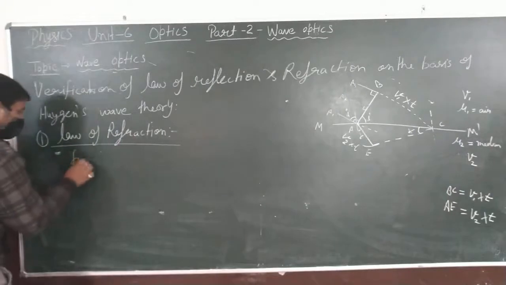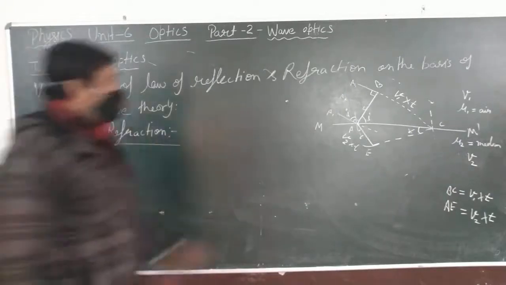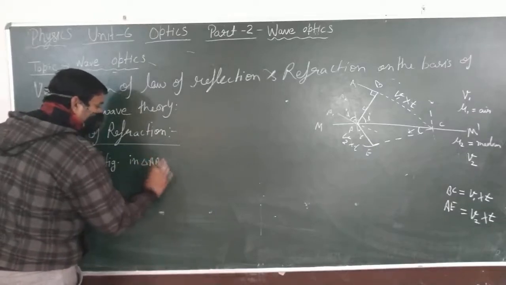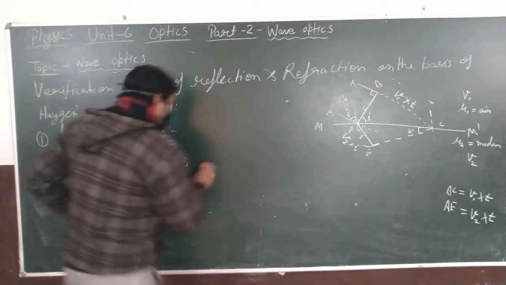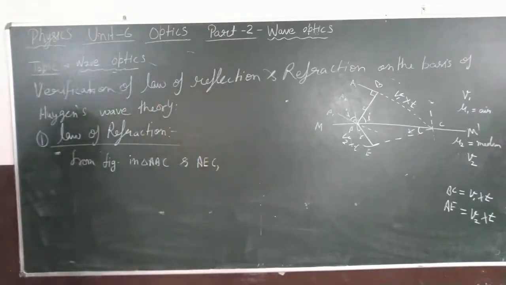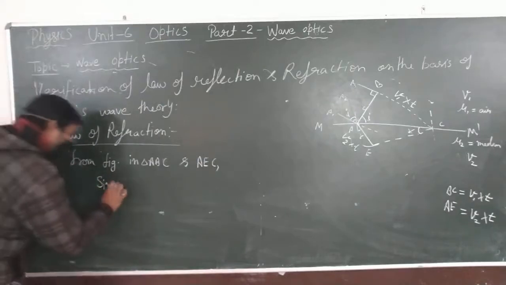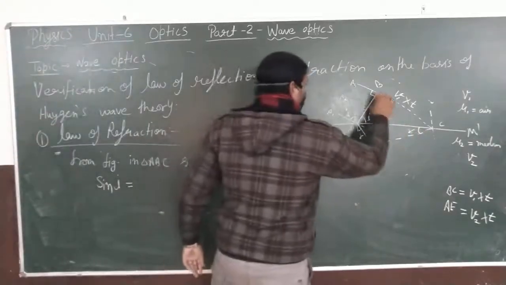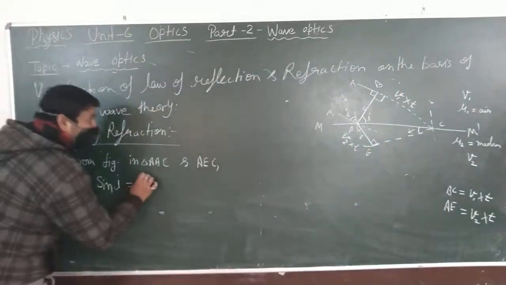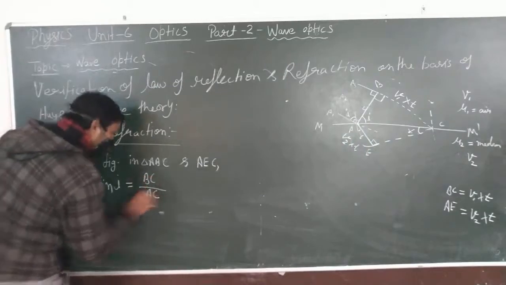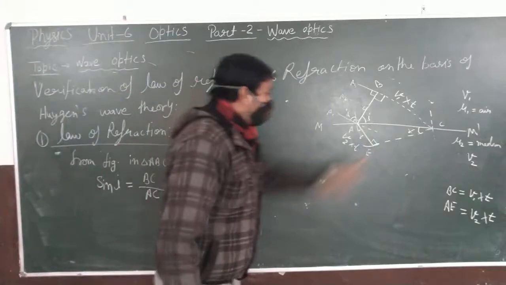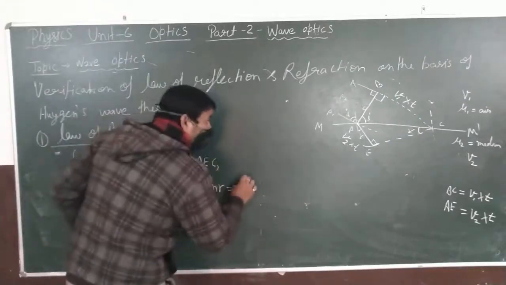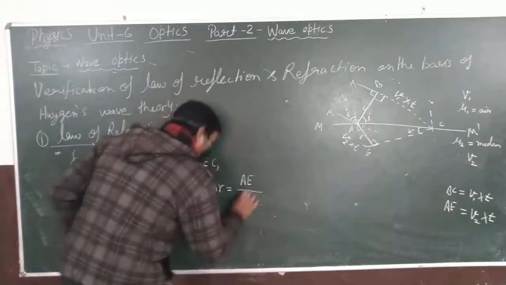Now, from the figure, in triangles ABC and AEC, we have sine of angle I equal to perpendicular BC upon hypotenuse AC, and sine R is equal to AE upon hypotenuse AC.